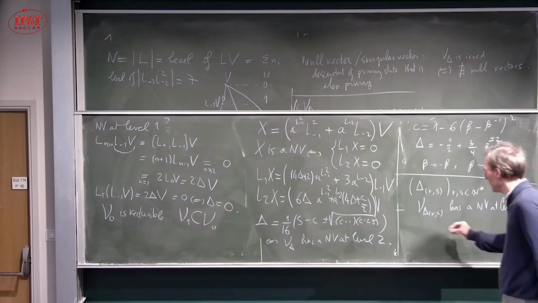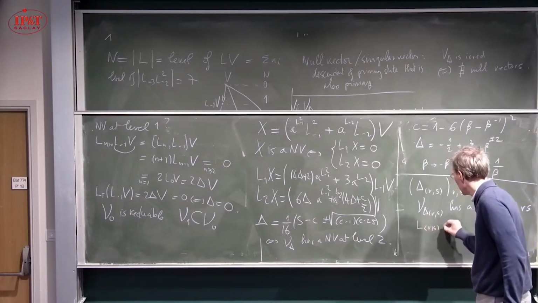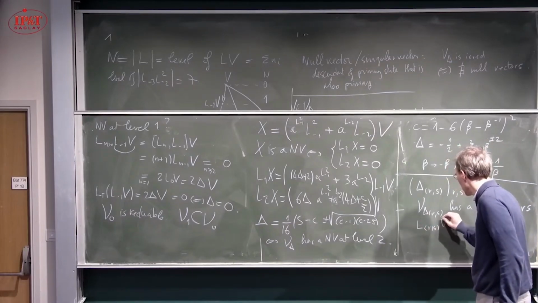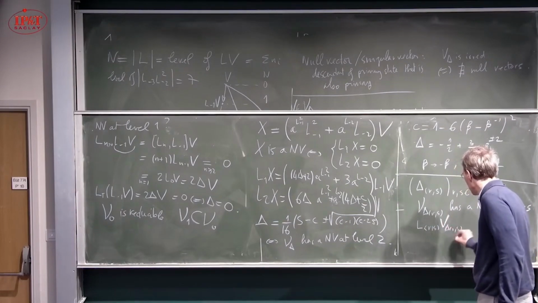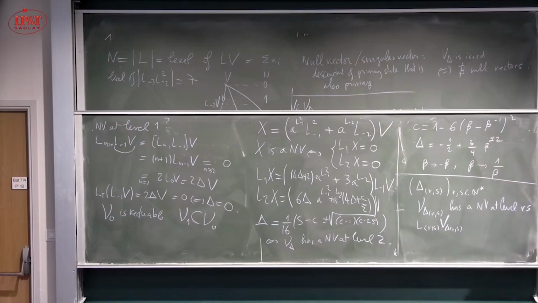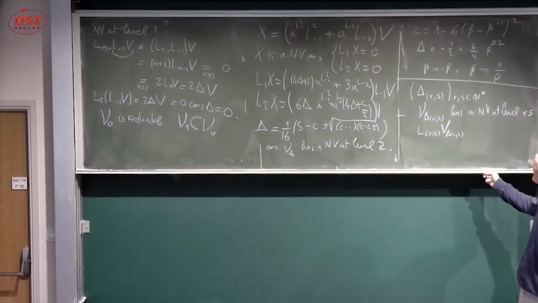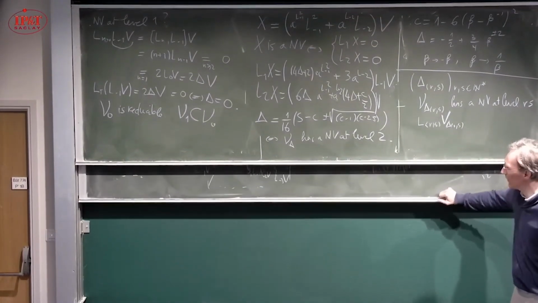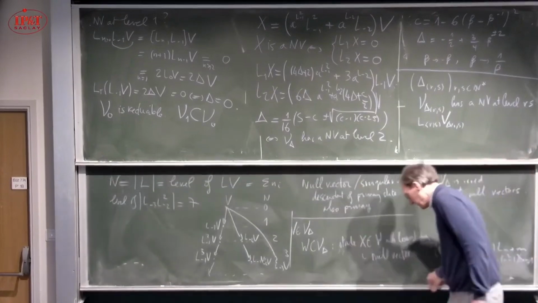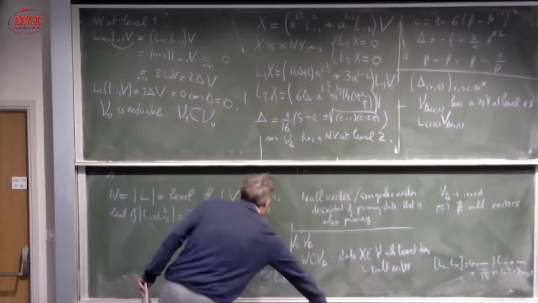So this null vector, let me call it L_{r,s} V, where V is now my primary state V_{delta_{r,s}}. And well, first of all, let me show that the results at level 1 and 2 fit into this pattern. So let me do some table with these results.